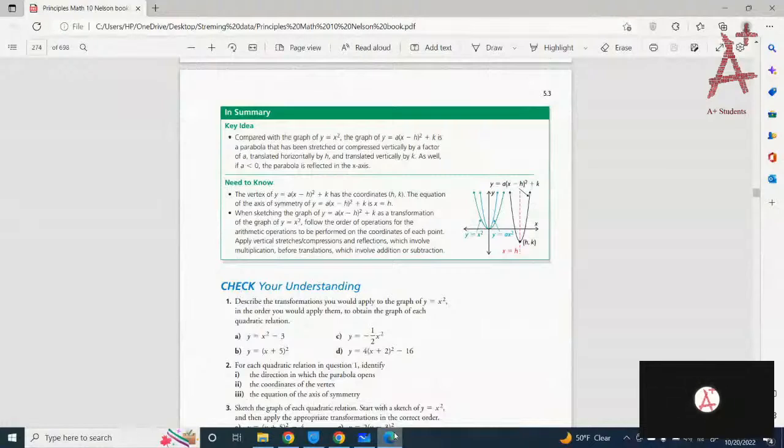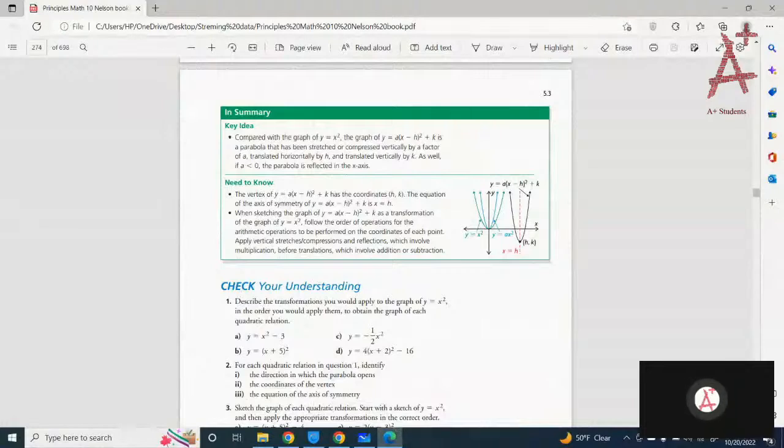The vertex of y equals a(x minus h) whole square plus k has the coordinates (h, k). Basically, h and k is the vertex of the parabola in this equation. Got it?